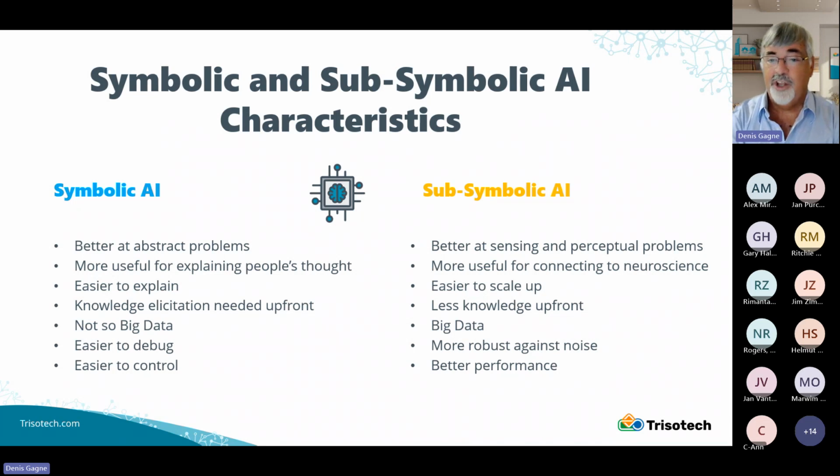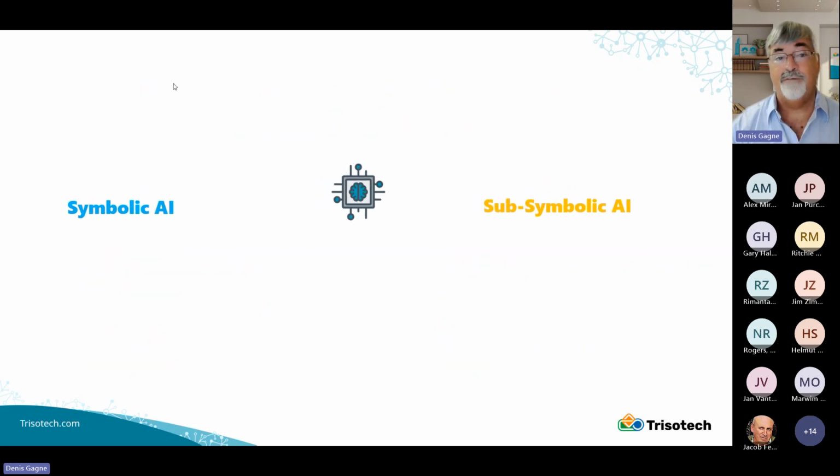There's no elicitation of knowledge that needs to be done because of the learning capability. Big data, more robust against noise, certainly more robust. On the symbolic side, we had to jump into all kinds of heuristics as we're working, and there's much better performance on the subsymbolic side. So we need to put all these in the balance as we go forward.